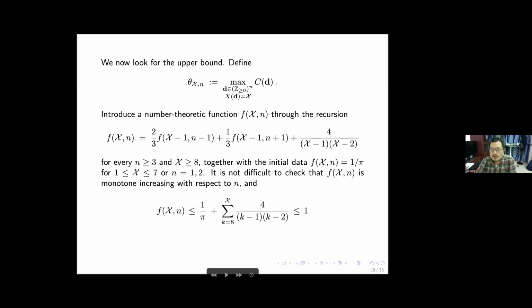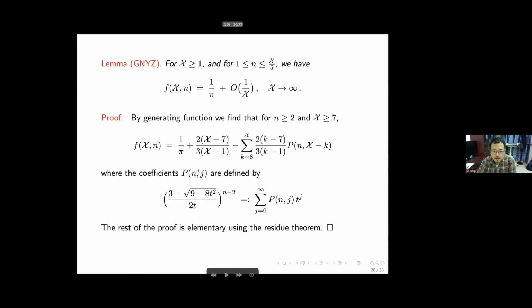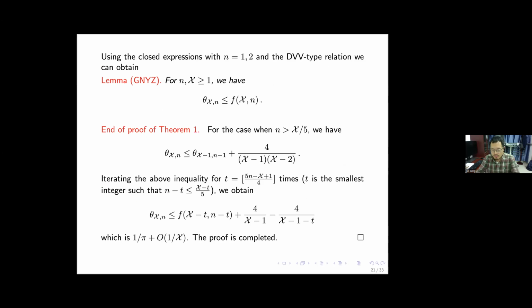But since here we have a better shape because of this complete uniformity in n, we could get a better statement.